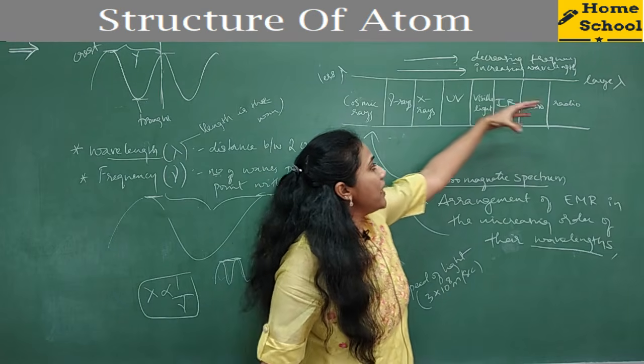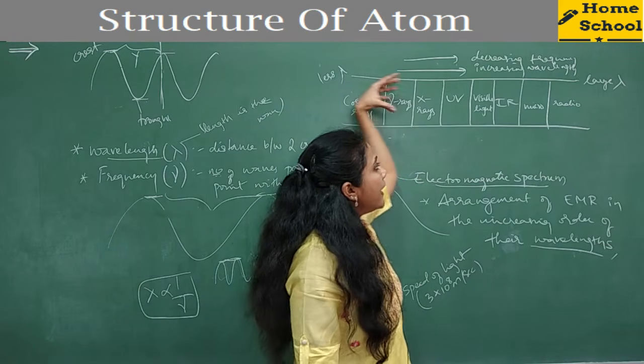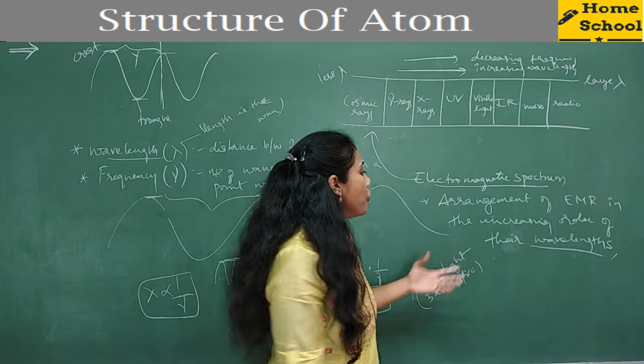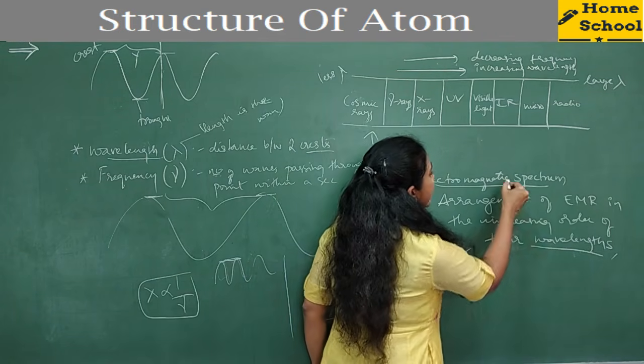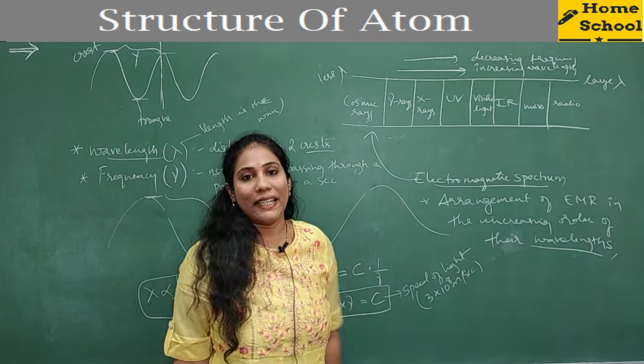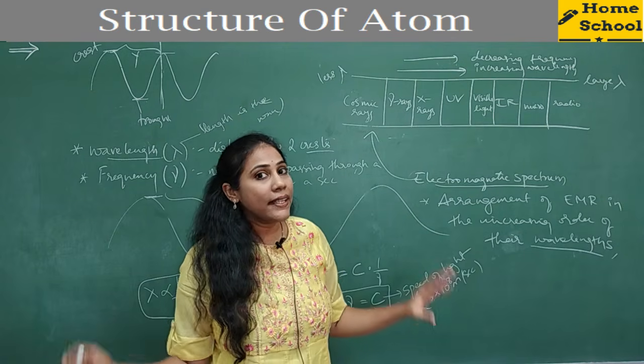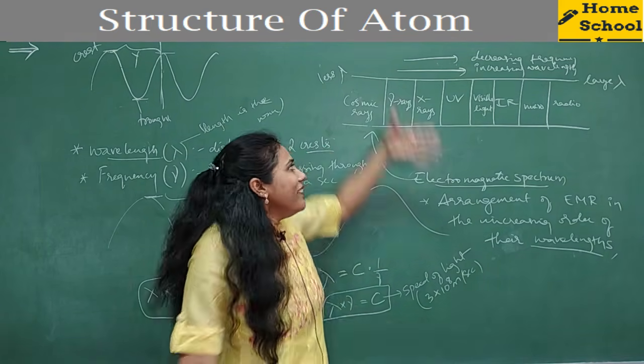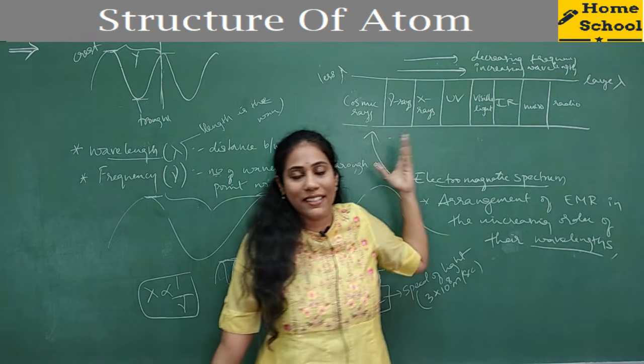You just arrange them according to their wavelength. This is what we call the electromagnetic spectrum. So when the electromagnetic spectrum is asked, this is the definition you will have to give, and you can show this arrangement as it is.